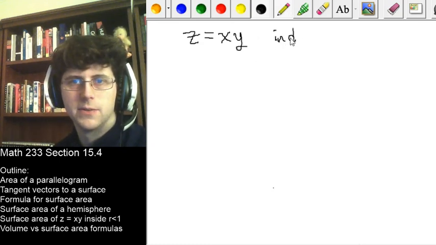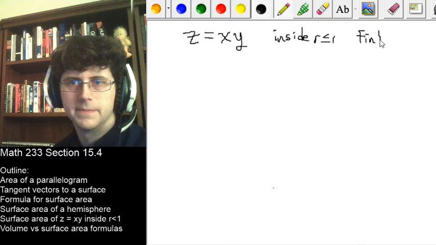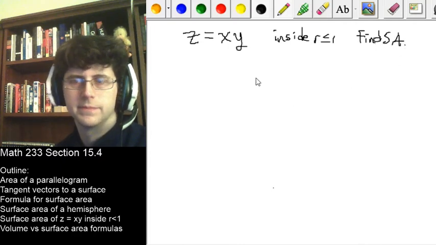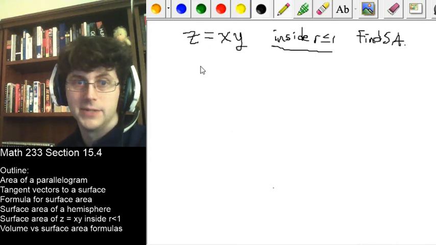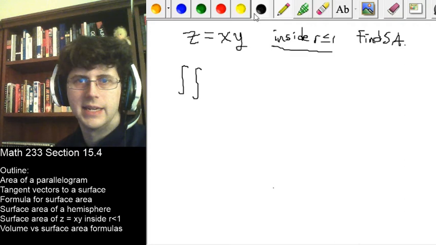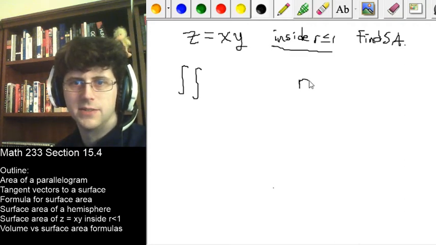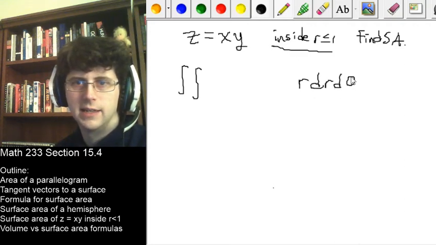We're trying to stay inside of r equals 1, and we want to find the surface area. No problem. Inside r is less than 1 are the bounds. So that's a circle of radius 1, which, I mean, okay. By now, the circle of radius 1, we're definitely going to do it in cylindrical coordinates.